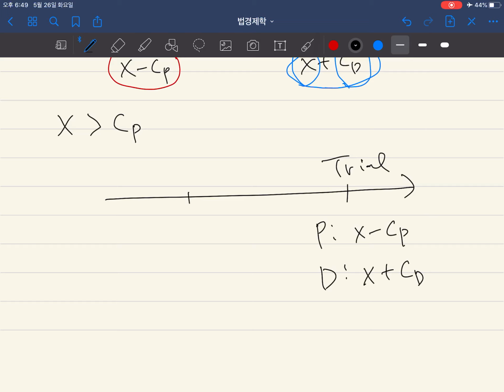Before they go to trial, suppose plaintiff has a chance to make a settlement offer. A plaintiff settlement offer means plaintiff is going to demand a certain amount of money from defendant, and if defendant rejects, then there is no more opportunity for settlement, so they go to trial tomorrow.